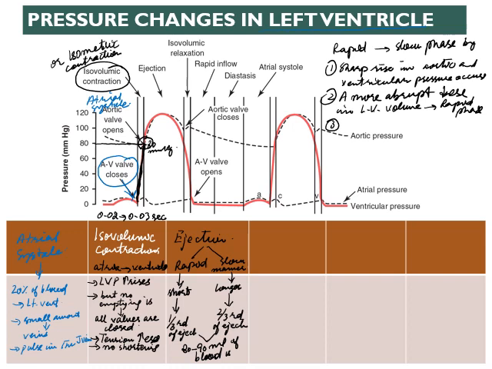Number 3, a greater aortic blood flow occurs during rapid phase.